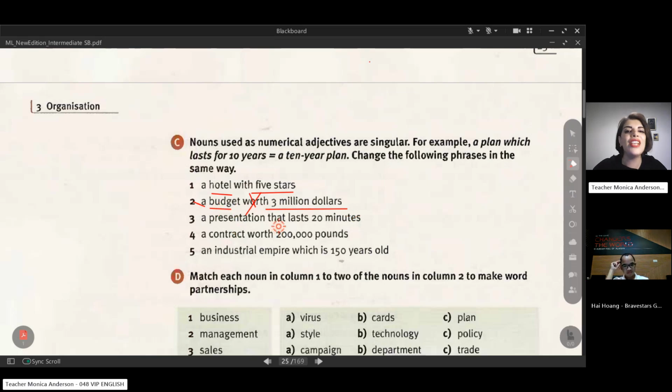A presentation that lasts 20 minutes. A 200,000 pounds contract. Yeah, of course. And number 3, a 20 minutes presentation. And number 5.